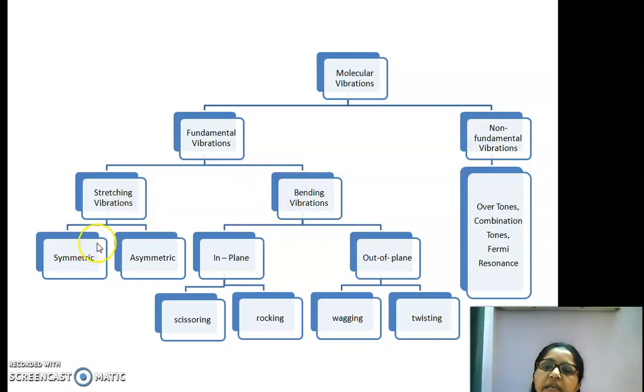Stretching can be of two types: symmetric stretching and asymmetric stretching. Bending can be of two types: in-plane bending and out-of-plane bending. The in-plane bending can be of two types: scissoring and rocking. Out-of-plane bending can be of two types: wagging and twisting. Non-fundamental vibrations are of different types like overtones, combination tones, Fermi resonance, etc. Let us see the next slide.